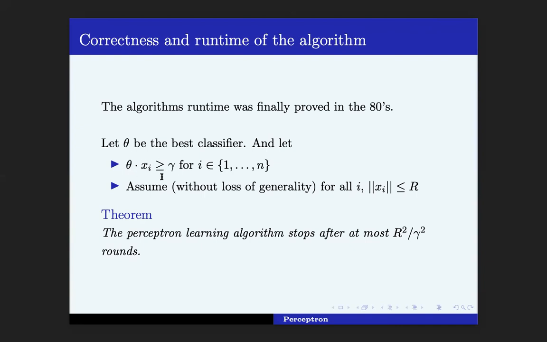The absolute value of theta dot xi must be more than some constant, some parameter, which is gamma.